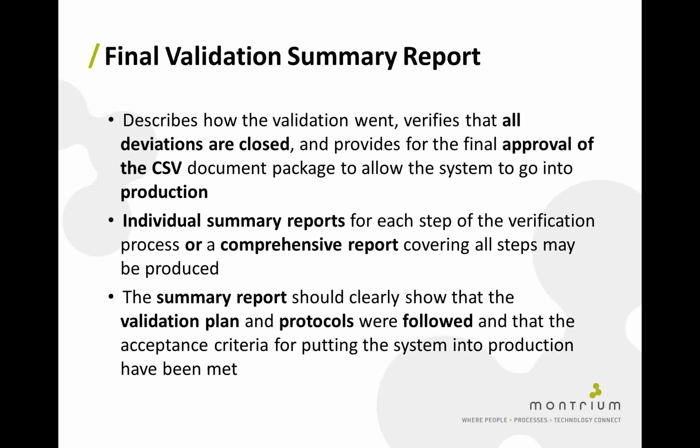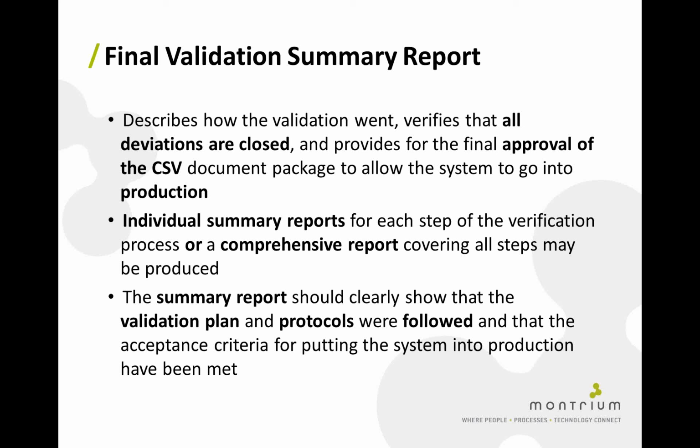Once we've completed all of our testing, the final document that we produce, which is an extremely important document when it comes to inspections or audit, is the final validation summary report. This document really gives us a very clear picture as to how the validation went, what actually occurred. It clearly describes the different deviations that we encountered, and we also make sure that we clearly describe how we closed out those deviations.